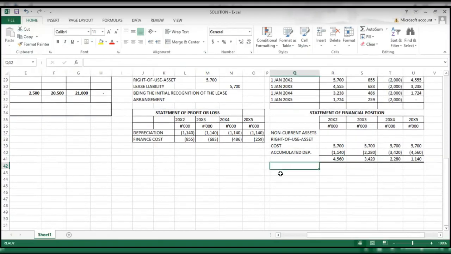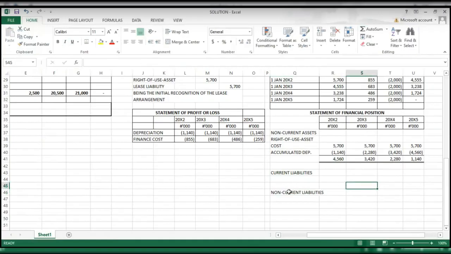Then we have what we call current liabilities, and then we have non-current liabilities.